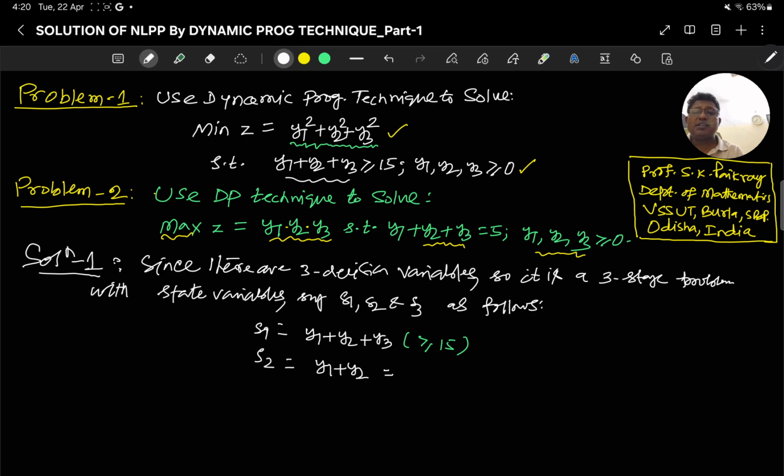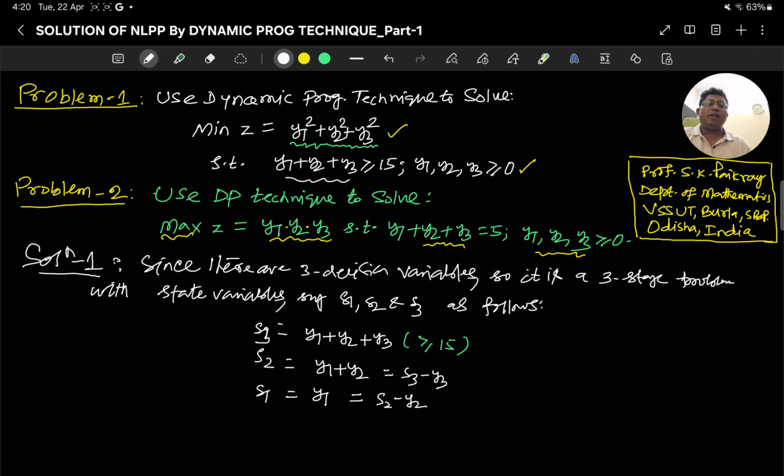Suppose I take this as your S3. Then S1 is equal to y1 only, so y1 is S2 minus y2. Now we will write the recursive relation and proceed to solve.